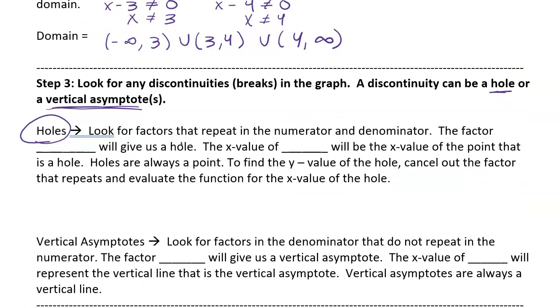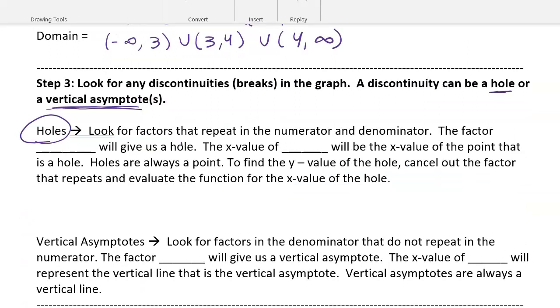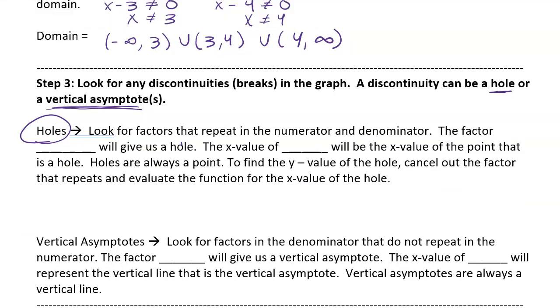Okay, so continuing on through this here, it says the factor x minus 4 will give us a hole. Okay, and that means that the x value of 4 will be the x value of the point that is a hole. So if you just think about x minus 4 equal to 0, x equals 4, that's going to give you that x value of the hole.